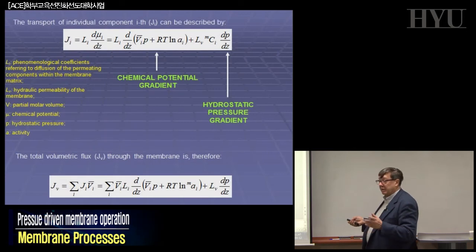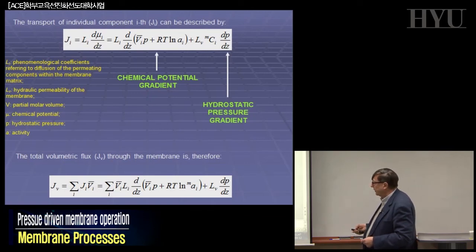Here the equation is exactly the same as we saw before for ultrafiltration. The chemical potential gradient and the hydrostatic pressure gradient are the terms related to our transmembrane flux. The total volumetric flux is given by introducing the osmotic pressure and the activity coefficient. So that is the equation that we have to consider.